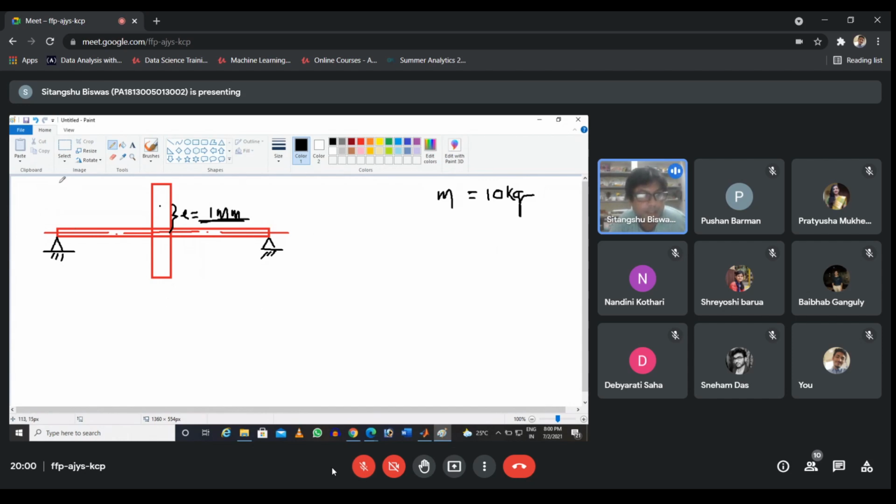The entire length of the shaft, say this length, capital L, you take it as 800 mm, just arbitrarily.